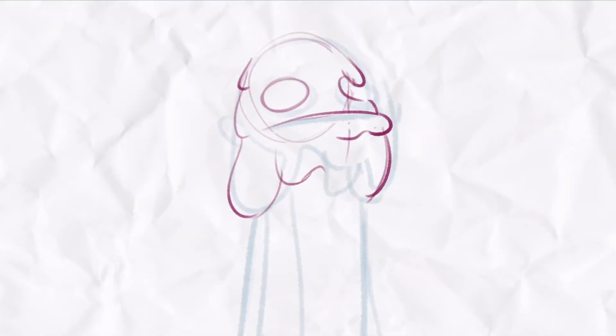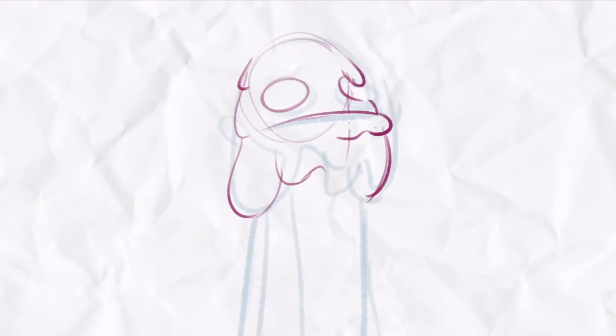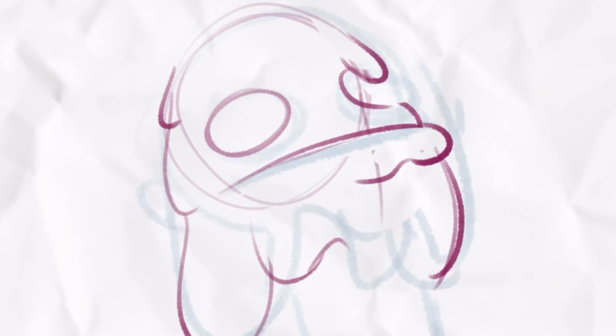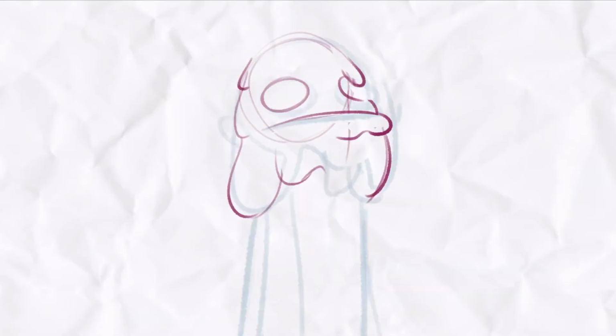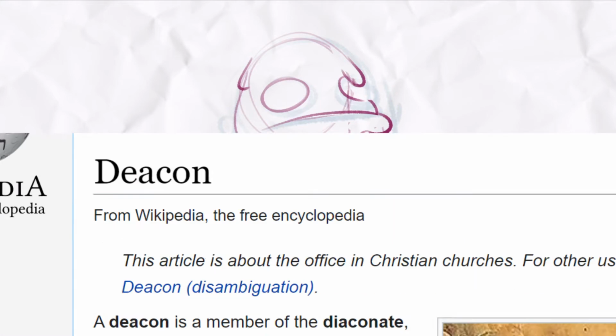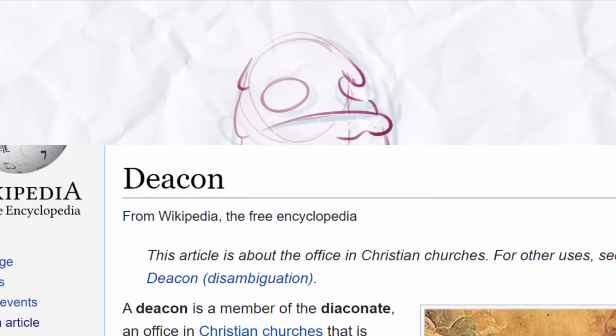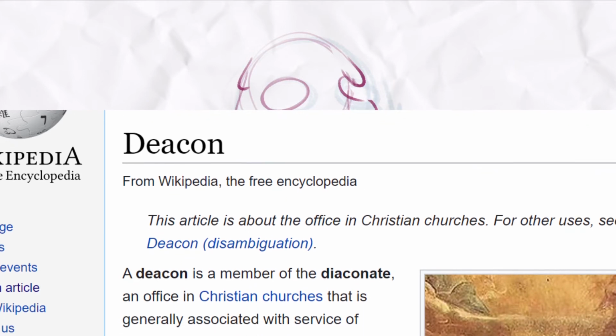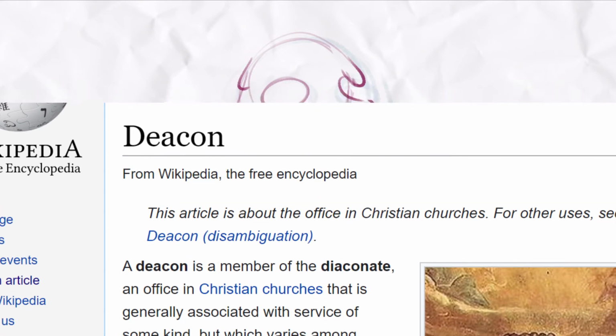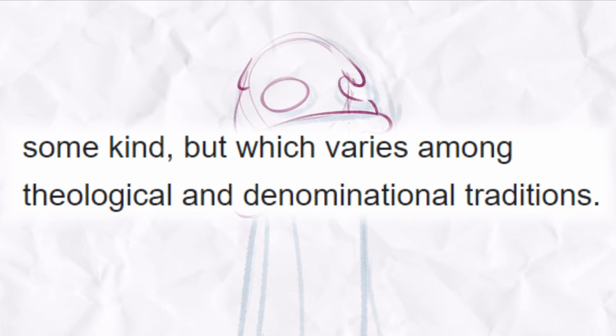What is a deacon? Sorry, it's just occurred to me, I don't actually know what a deacon is. I know it's something to do with the church, but in terms of hierarchy and stuff, not a clue. A deacon is a member of the diaconate, an office of the Christian churches that is generally associated with a service of some kind, but which varies among theological and denominational traditions.